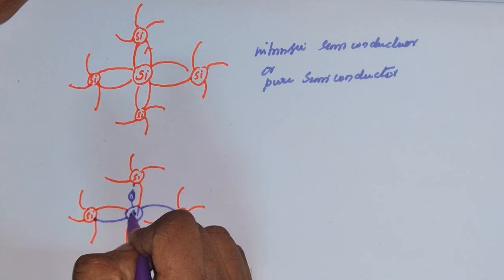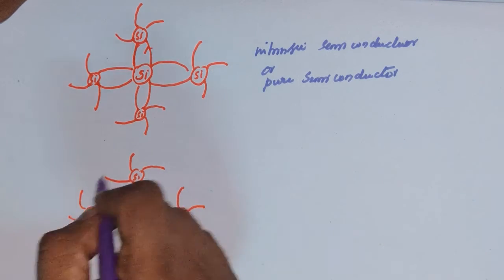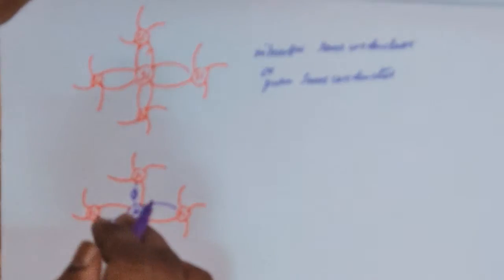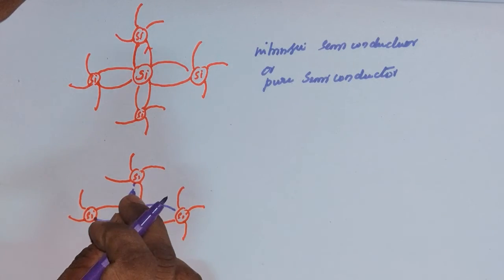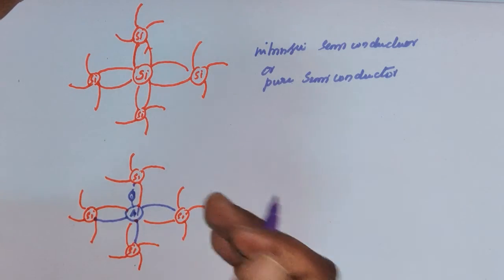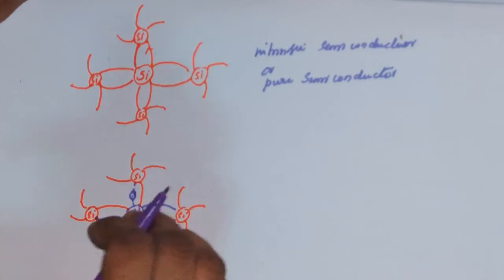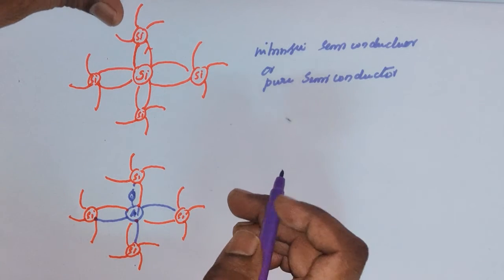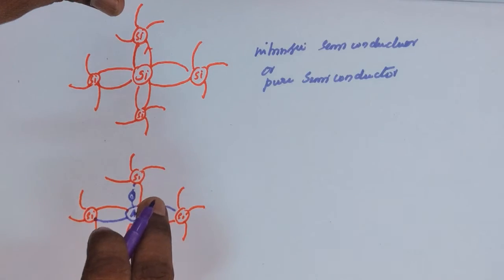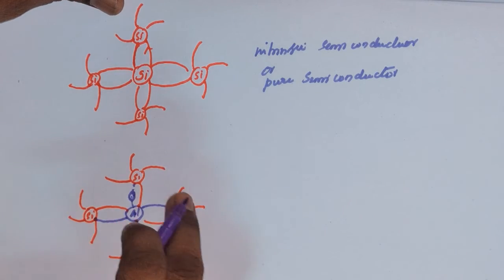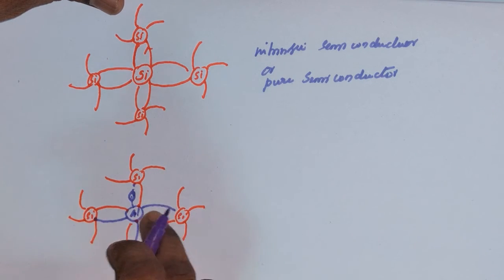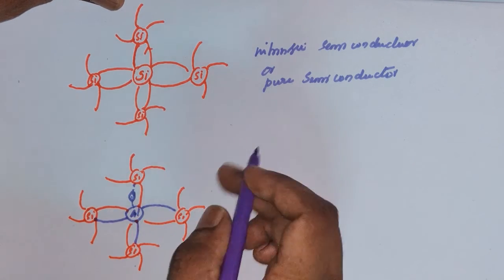So if you add a trivalent dopant to the intrinsic semiconductor, it will create extra holes. If you put millions of aluminum atoms, it will create millions of holes. So we have excess holes, and we call this type of semiconductor a p-type semiconductor.